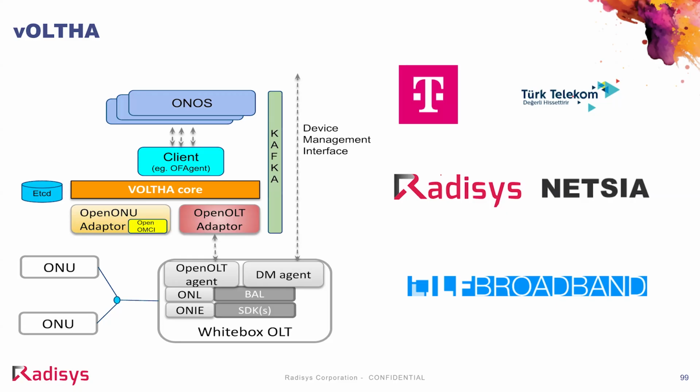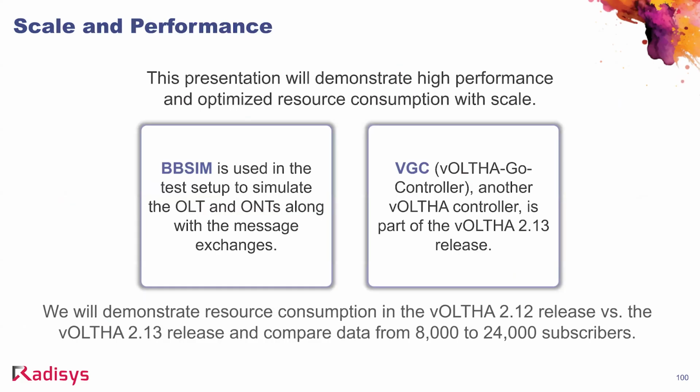It works good on paper. Everything seems nice, but once you start scaling, that is where the problems come in. We have worked along with DT, along with Turk Telecom, along with Linux Foundation to help scale vOLTHA. So how do we scale it? We have BBSIM, a broadband simulator, which simulates the OLTs and ONTs. Once they are up, they simulate all the OMCI messages and everything the OLT wants to communicate.